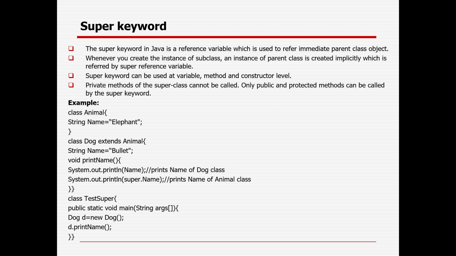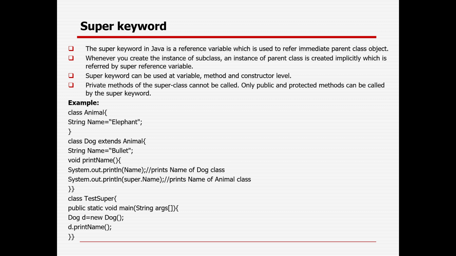The super keyword in Java is a reference variable which is used to refer to the immediate parent class object. Whenever a user creates an instance of a subclass, an instance of the parent class is created implicitly, which is referred to by the super reference variable. The super keyword can be used at variable and method level as well. A private method of the superclass cannot be called. Only public and protected methods can be called by the super keyword.